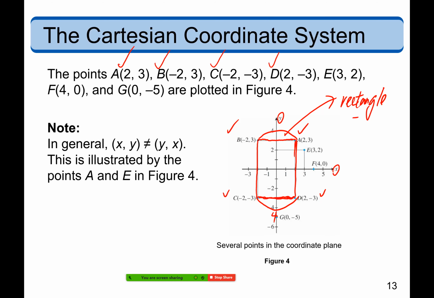The distance between point B and point A, that's 4 units. And if you look at the distance between point B and point C, you count 1, 2, 3, 4, 5, 6 units, right? Here, same thing. 1, 2, 3, 4, 5, 6 units. And then we verify it's a rectangle because those two sides are equal to each other, those two sides are equal to each other, and this is a right angle here.